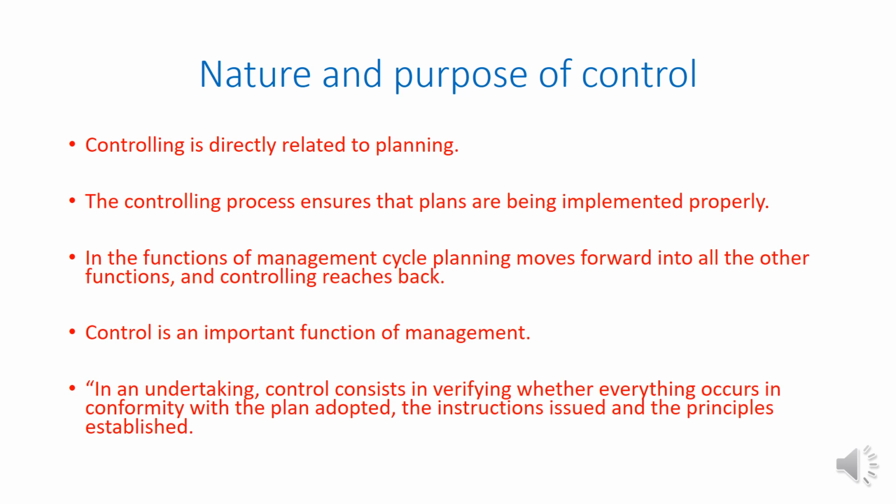Control verifies that our plan is executed properly, that the instructions issued are executed properly, and that the principles established are executed properly. These things are done through the control process. So these are the nature and purpose of control.